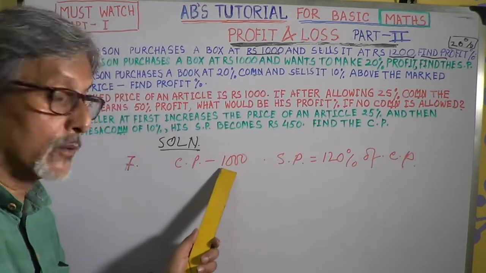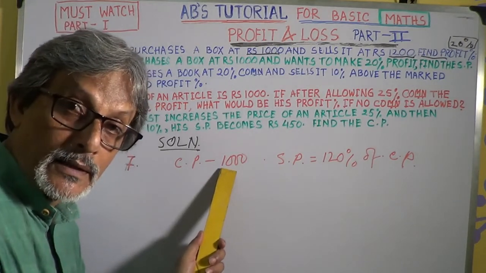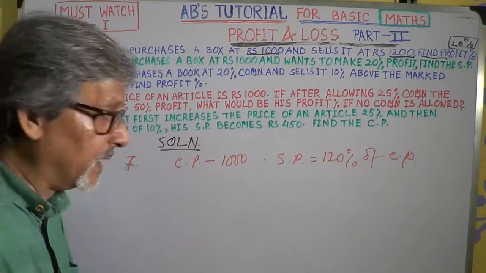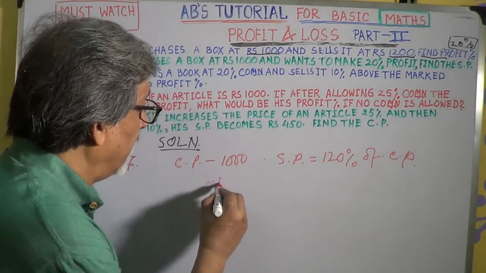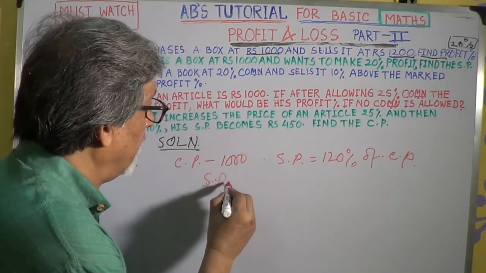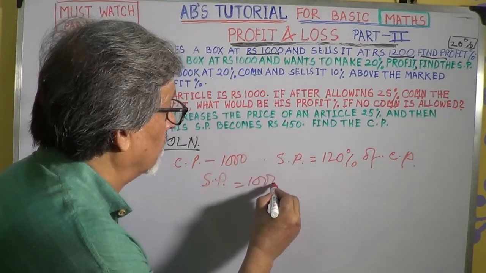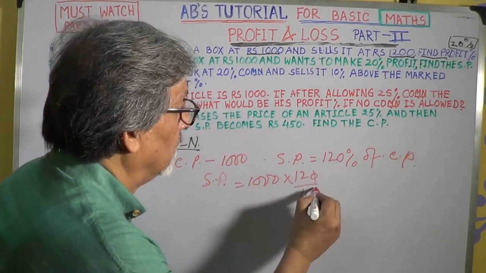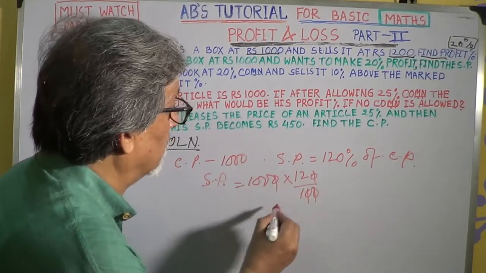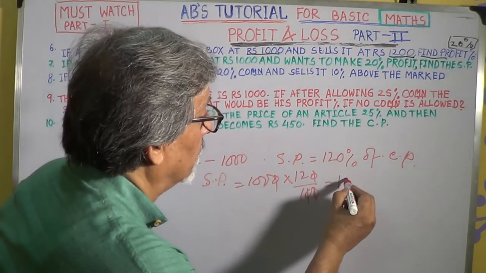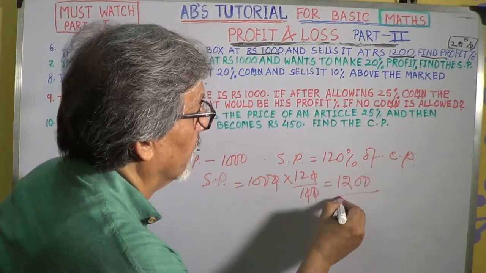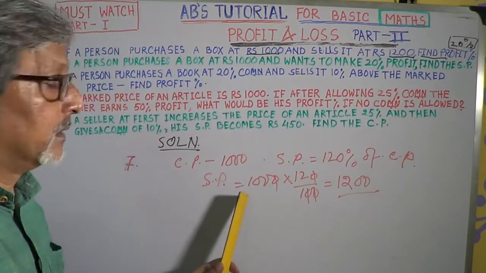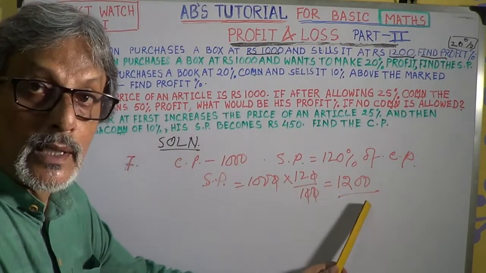Here they have already given the cost price, so straightaway we can find out the percentage. So SP is equal to 1000 into 120%. This 0 cancels, this 0 cancels, this becomes 1200. So here SP is rupees 1200.